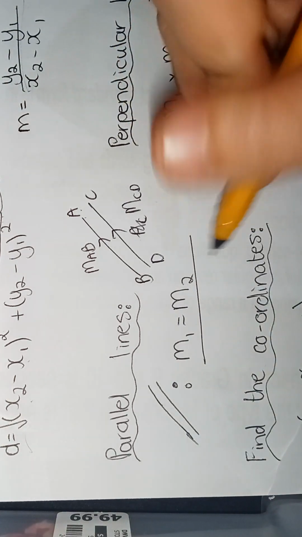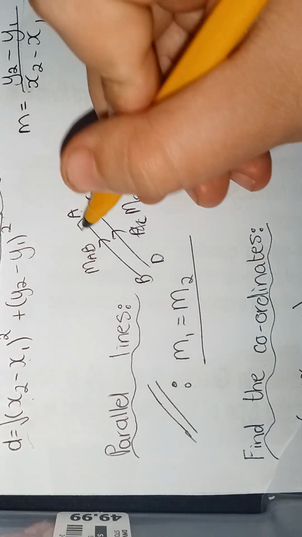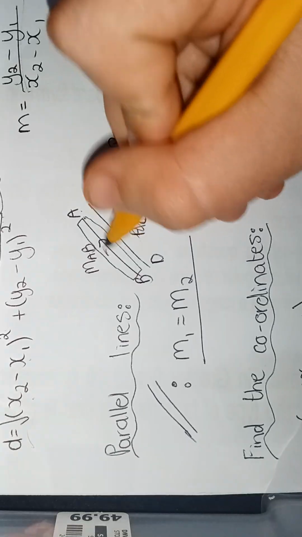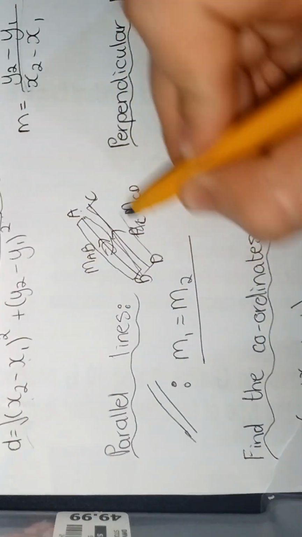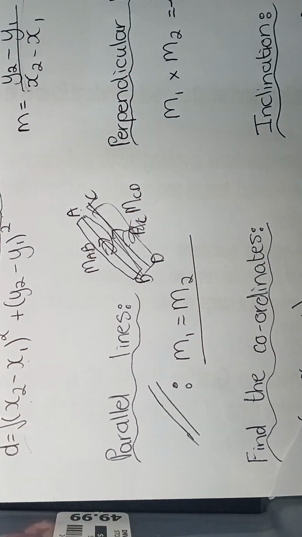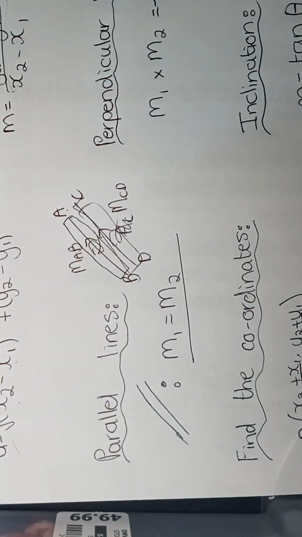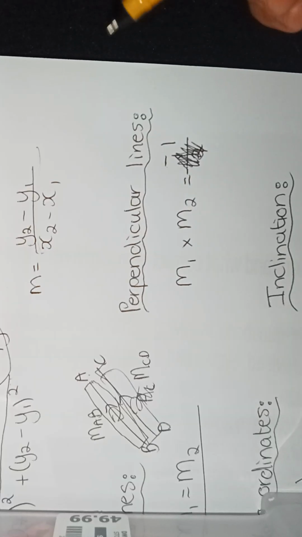So let's say you calculate the slope of AB and it's 2, then the slope of CD will also be 2.